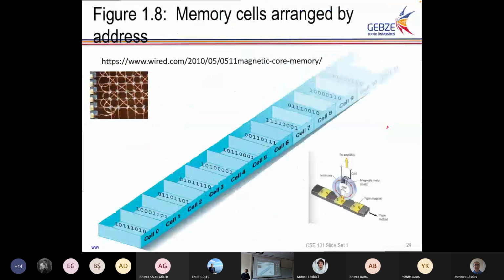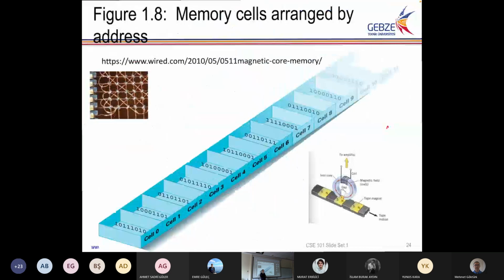In the old days, there was a memory type called core memory. Core memory was something like this. A small, tiny core, smaller than a bean, maybe the size of rice.